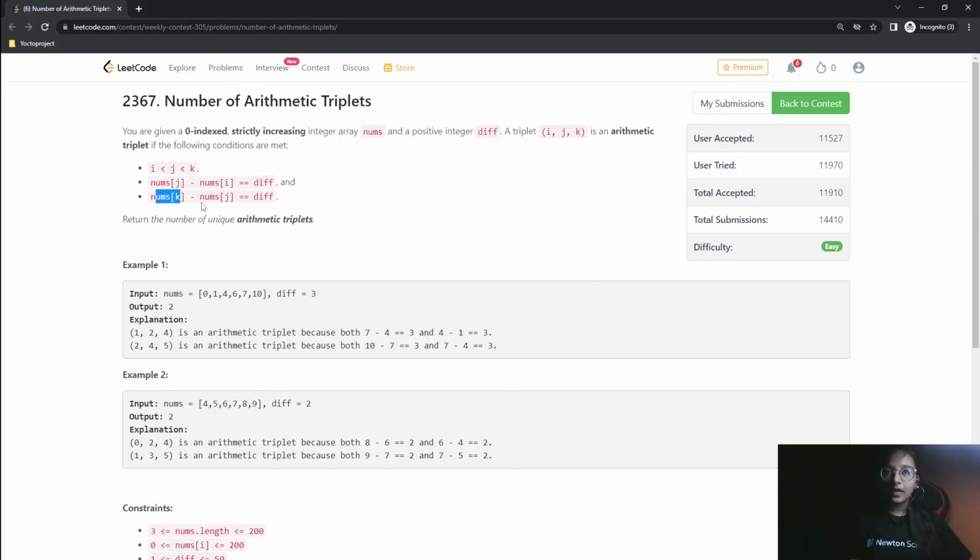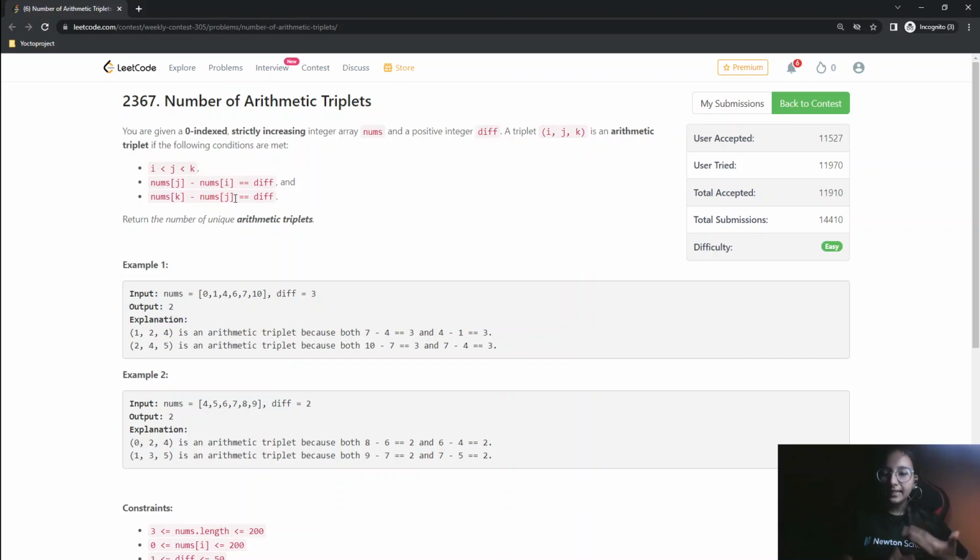Also nums[k] minus nums[j] is equal to diff. So basically we are required to figure out two pairs whose difference is equal to the diff input given to us. So this is the whole question.